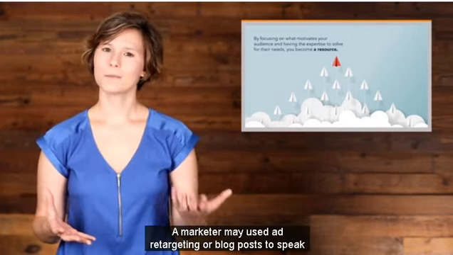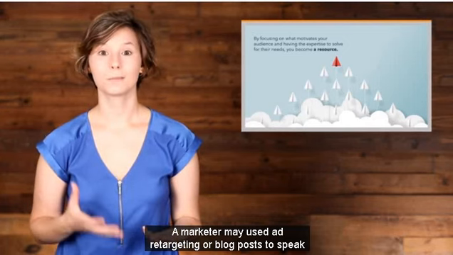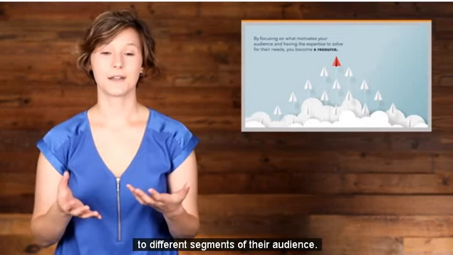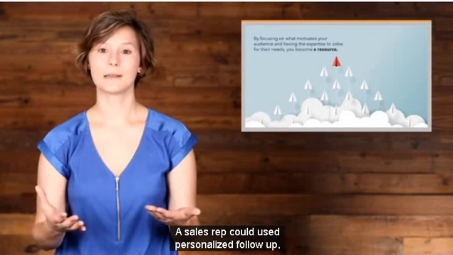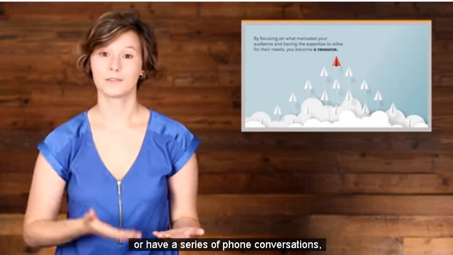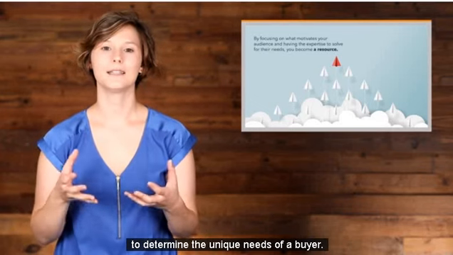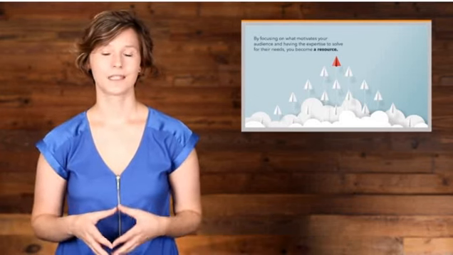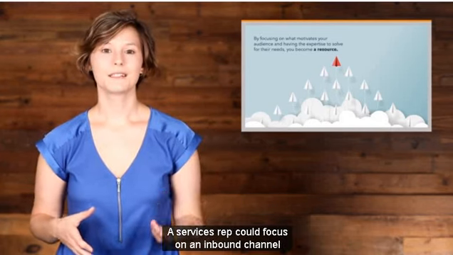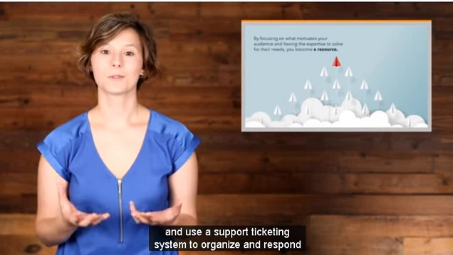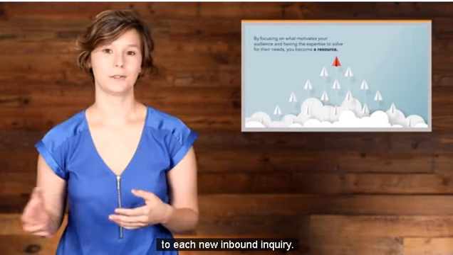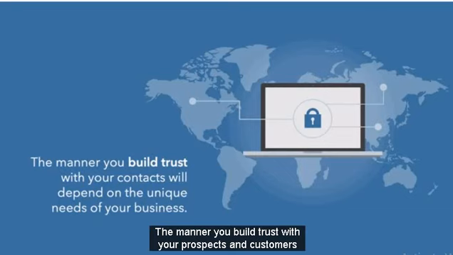For example, a marketer may use ad retargeting or blog posts to speak to different segments of their audience. A sales rep could use personalized follow-up or have a series of phone conversations to determine the unique needs of a buyer. A services rep could focus on an inbound channel and use a support ticketing system to organize and respond to each new inbound inquiry. The manner you build trust with your prospects and customers will depend on the unique needs of your business.